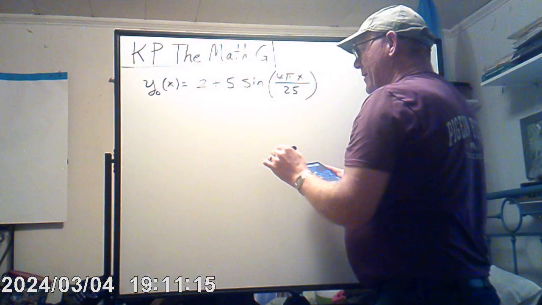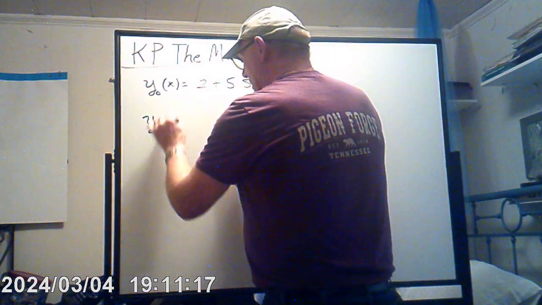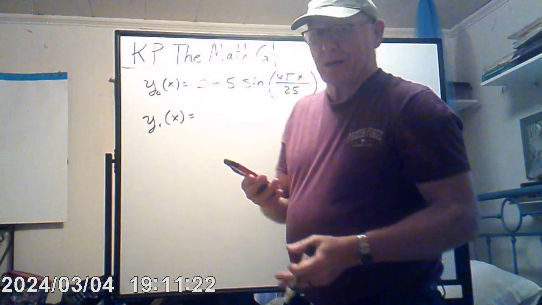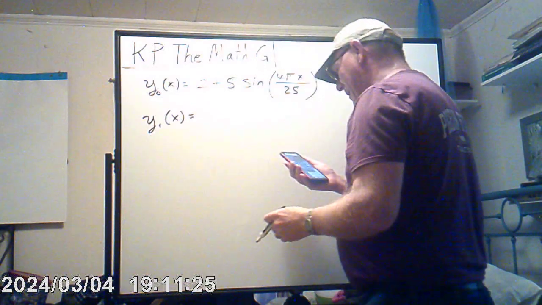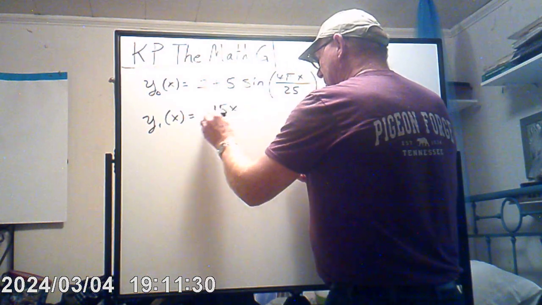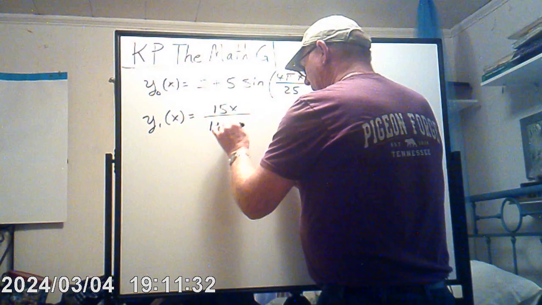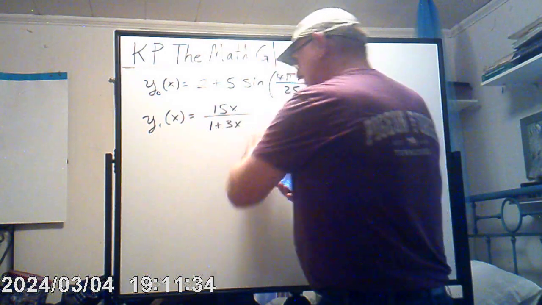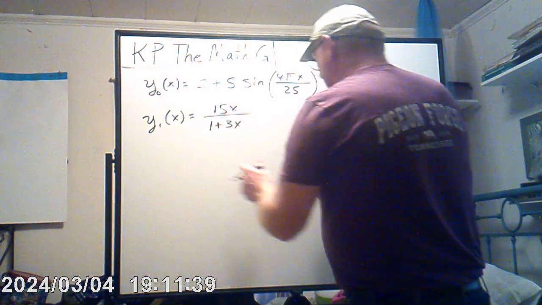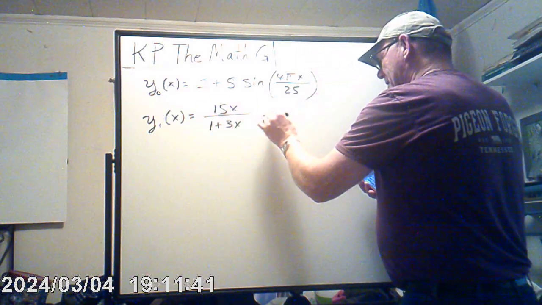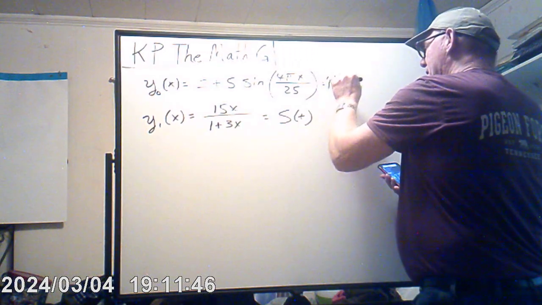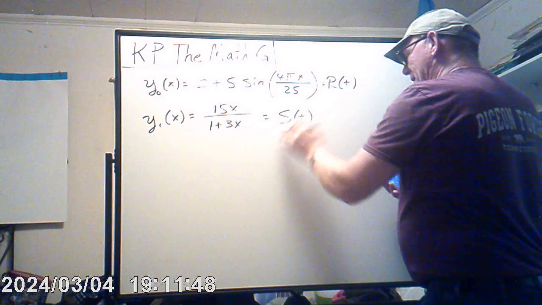And then y1 at x. Yours may have y1 and y2. I don't know, but anyway, this is what mine has. Mine is the 15x over 1 plus 3x. This is the rate that we said is actually s at t, and this is r at t. Okay, so we just want to set them equal to each other.